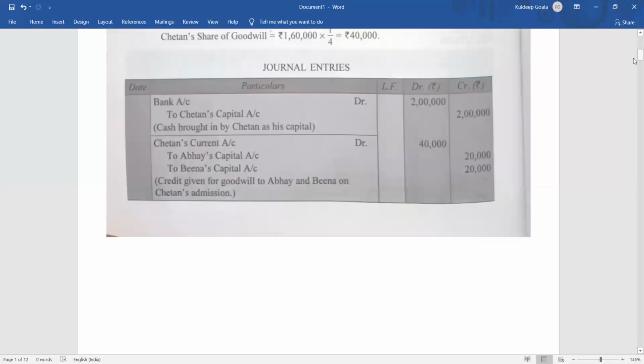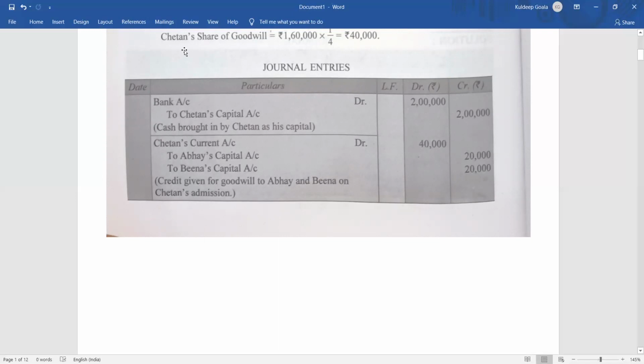So what will happen? You can see the journal entry. First of all, we will pass the admission entry: bank account debit to Chetan's capital account 2 lakh, right? Clear? After that, what are we going to do? We are going to transfer the premium for goodwill. What was the premium for goodwill? It's Chetan's share. He did not bring the premium for goodwill, right? So we have to take the premium for goodwill from his current account.